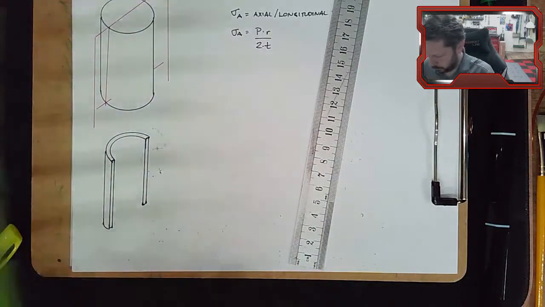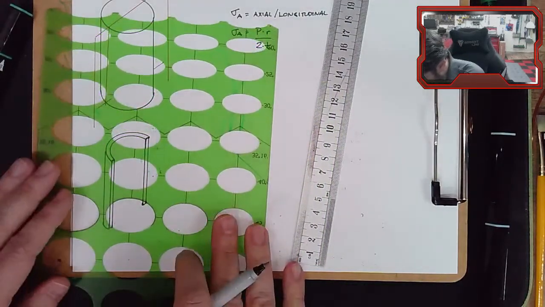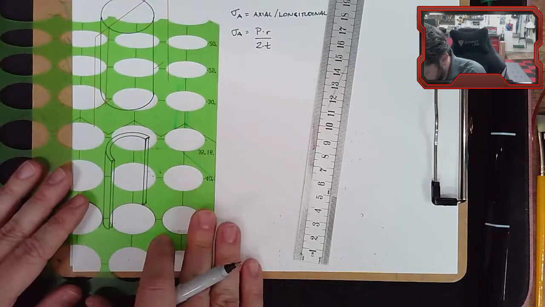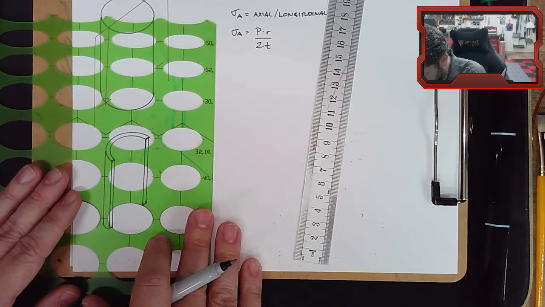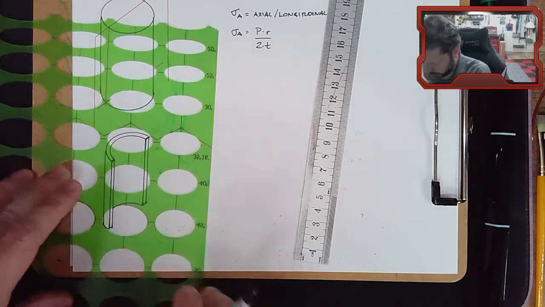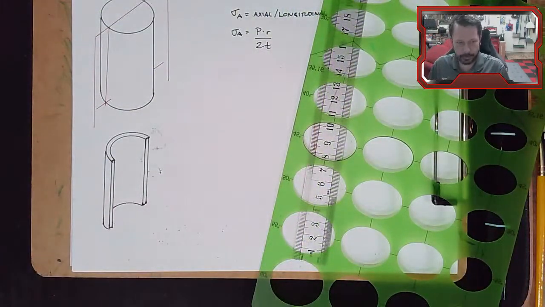And we need our little ellipse to draw. Oh wait, which one did we use? We used that one. Something like that. All right, so hopefully that makes sense of what we're trying to draw.